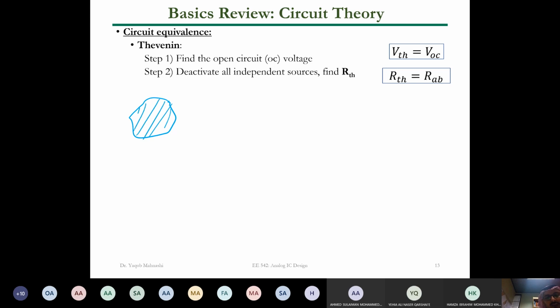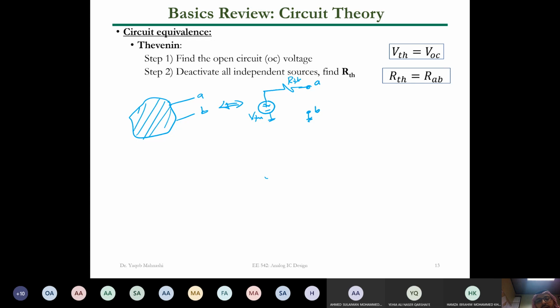So this one is your circuit, A and B, and this is our Thevenin equivalent. This one is R Thevenin, V Thevenin, and this one, of course, between A and B. B is ground, B is grounded here.